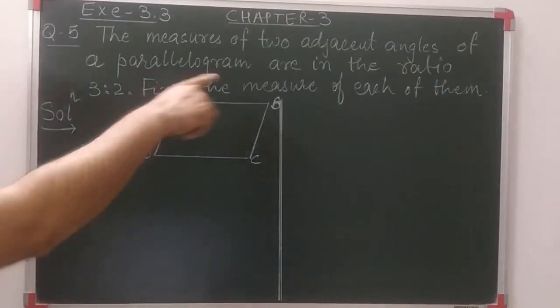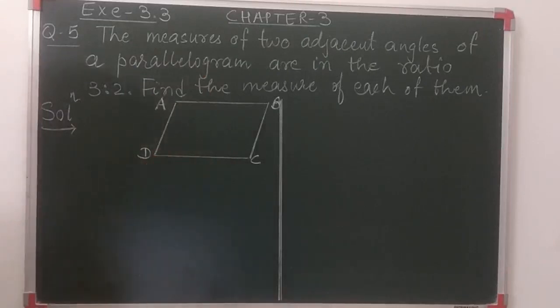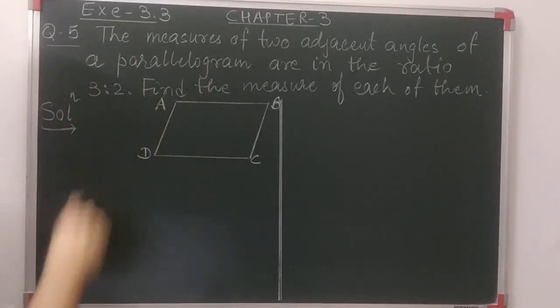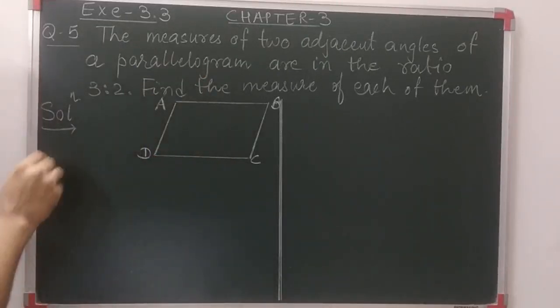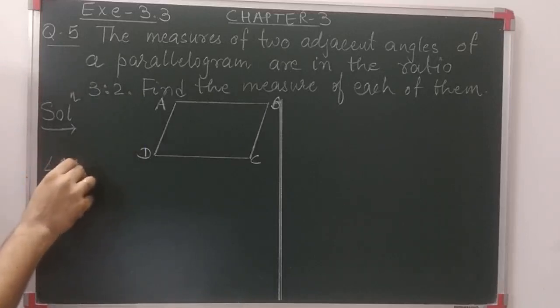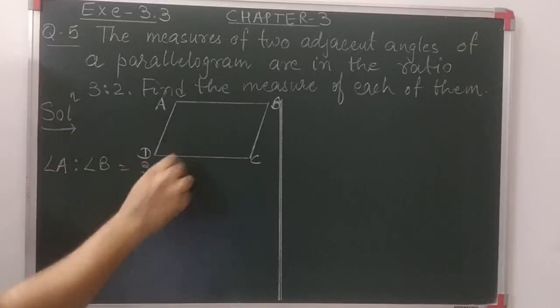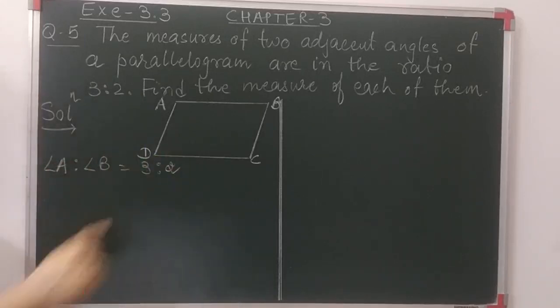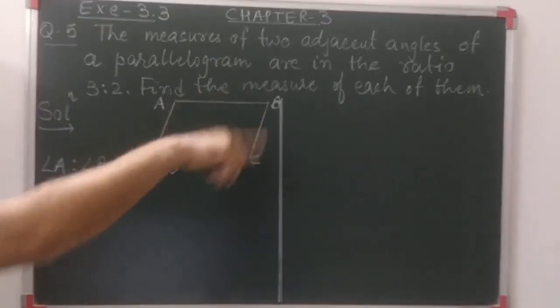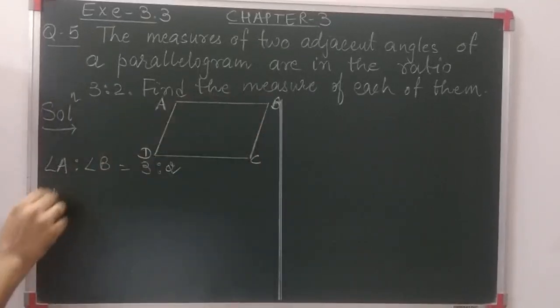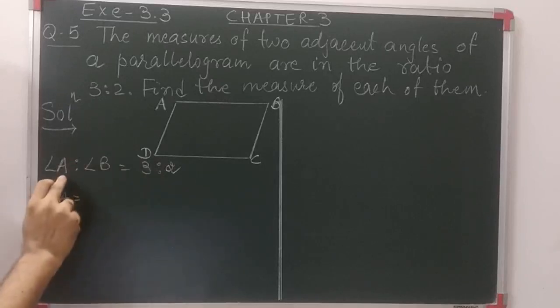Let us see this question. The measures of two adjacent angles of a parallelogram are in the ratio 3:2. Let us consider that A and B are the two adjacent angles of parallelogram ABCD, and the ratio is 3:2. Find the measure of each of the angles. Remember students, whenever the angles are given in a ratio, we go for x.